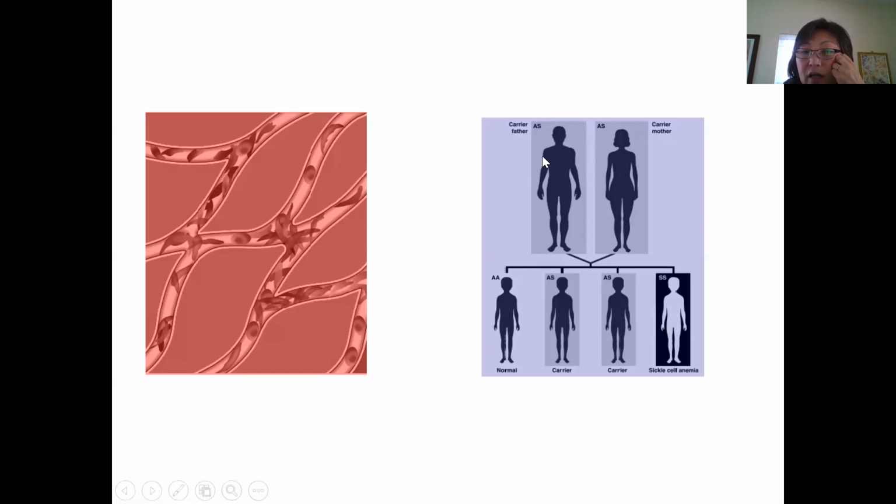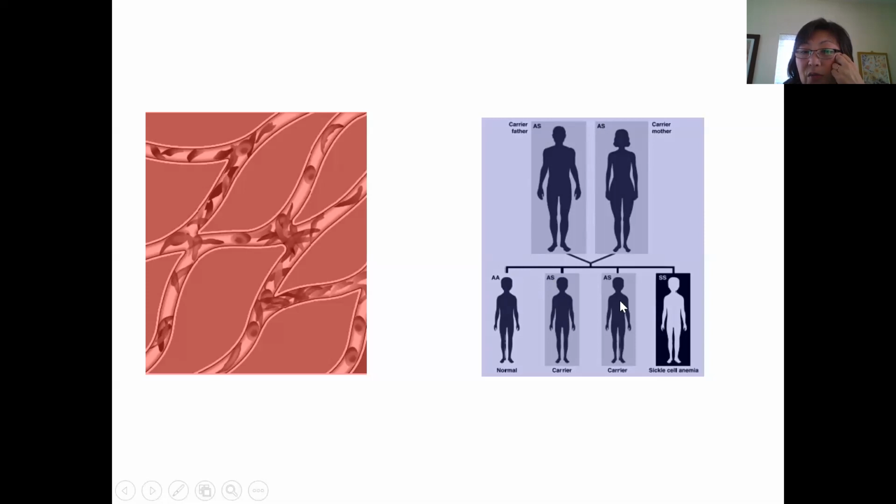Another possibility is the abnormal gene from the male and a normal gene from the female, then you have a carrier. Still, this child does not have sickle cell anemia.